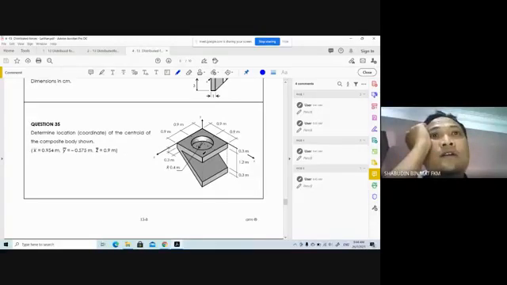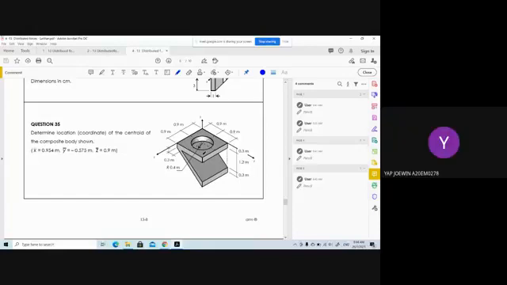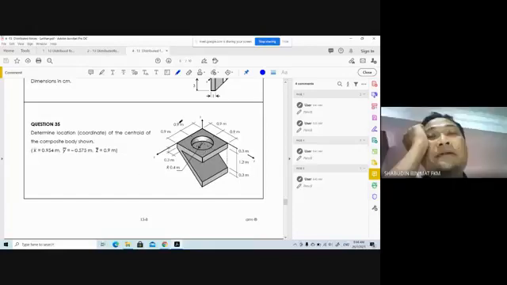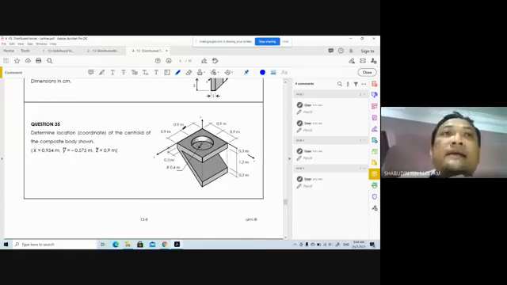You say that you get already 3 marks. Z. Very good. Z is a 0.3. If you're confident, you don't have to calculate Z bar. You just calculate X bar and Y bar. See how we simplify your situation.